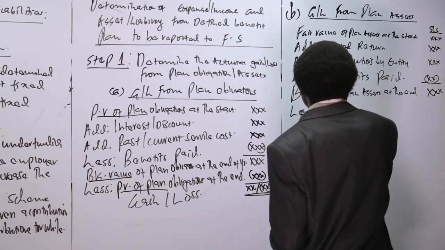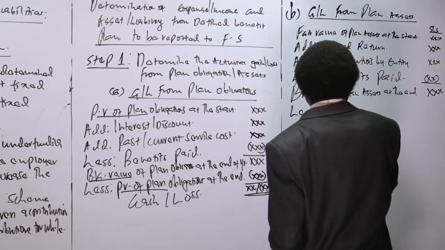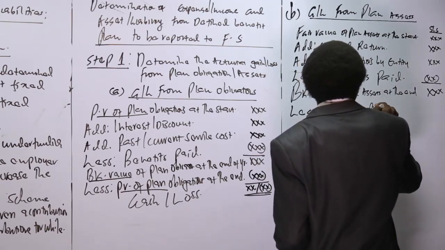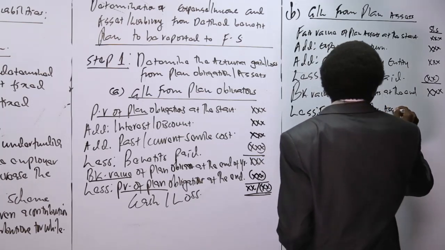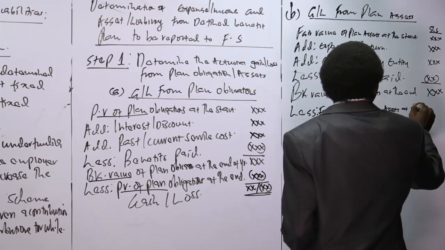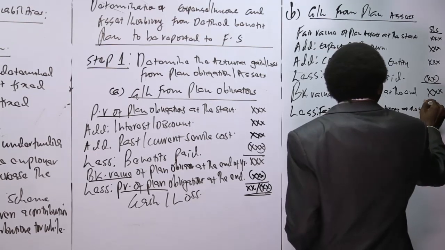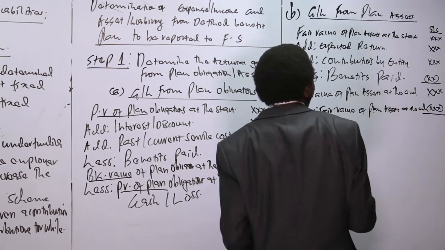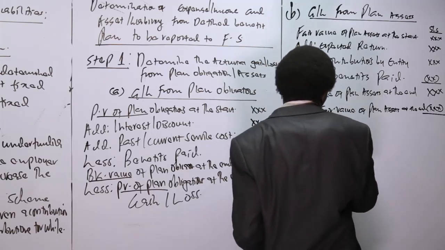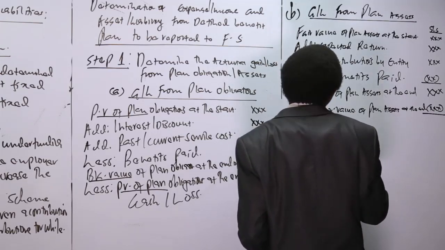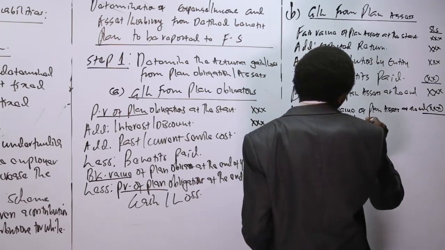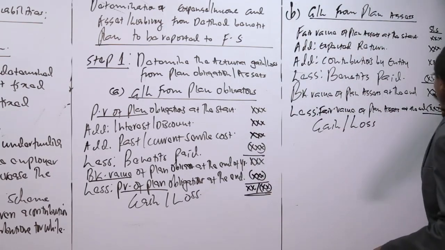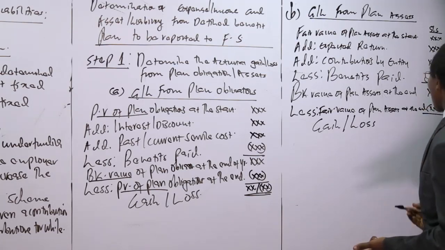You compare that with the fair value of assets at the end. So this one, if you have, it will be a gain, an actuarial gain, or an actuarial loss. This one will be the other way around.